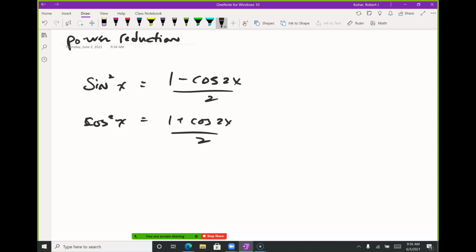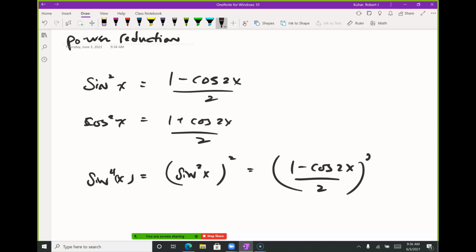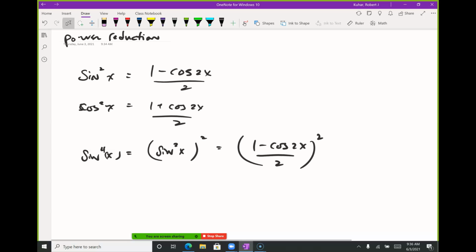So for example, sine to the fourth would be sine squared, squared, right? So that would be (1 minus cos 2x) all over 2, quantity squared. And then FOIL it out, just like we're back in algebra 1 or algebra 2. And again, in combination, I won't go past a power of 3. With a single trig, I would expect you to be able to do up to power 4. Okay.